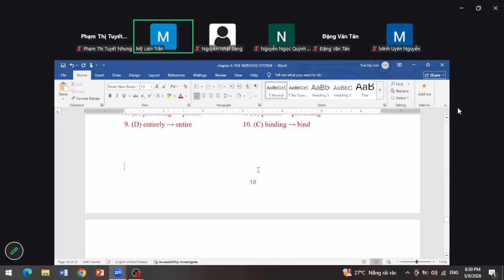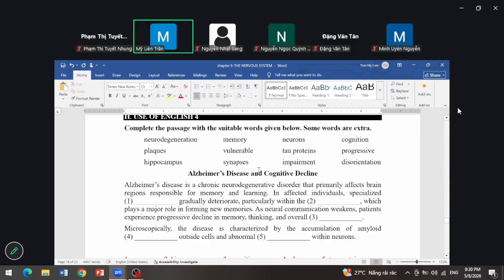Right, let's touch on Alzheimer's disease and cognitive decline. The gap filling.